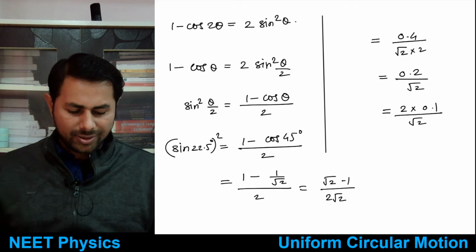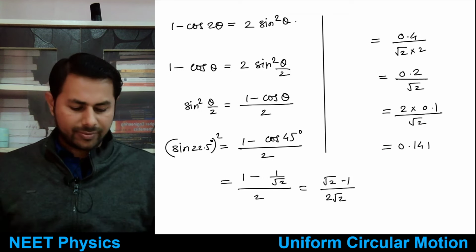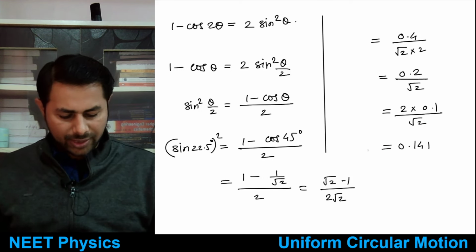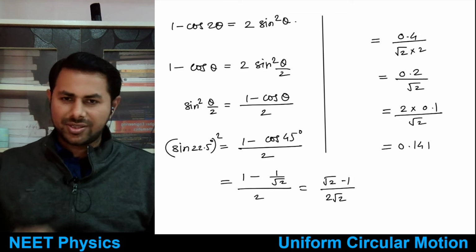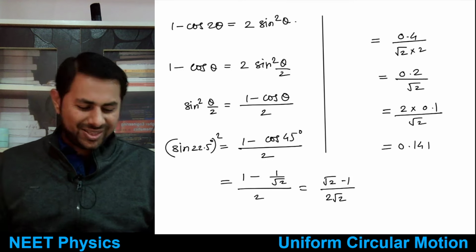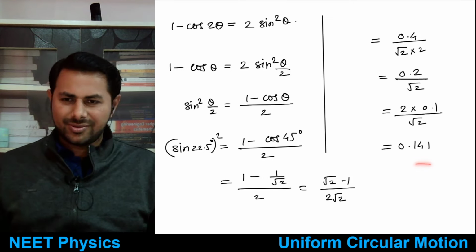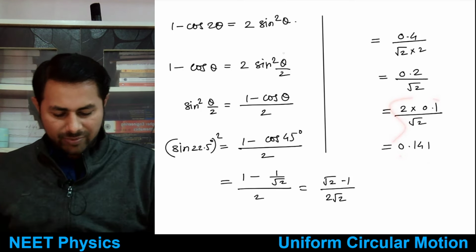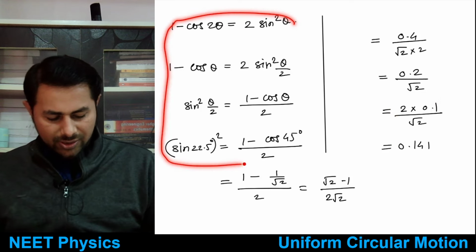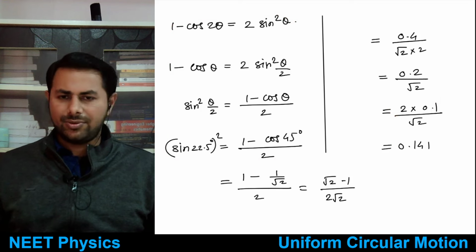So again it will be root 2 times 0.1, so 0.141, right? So that is sine square of 22.5. Then it is the square of that, so find its square root, and then you will get the value. If my calculation is correct. This is how you can solve it. This thing is clear? Yes, no?